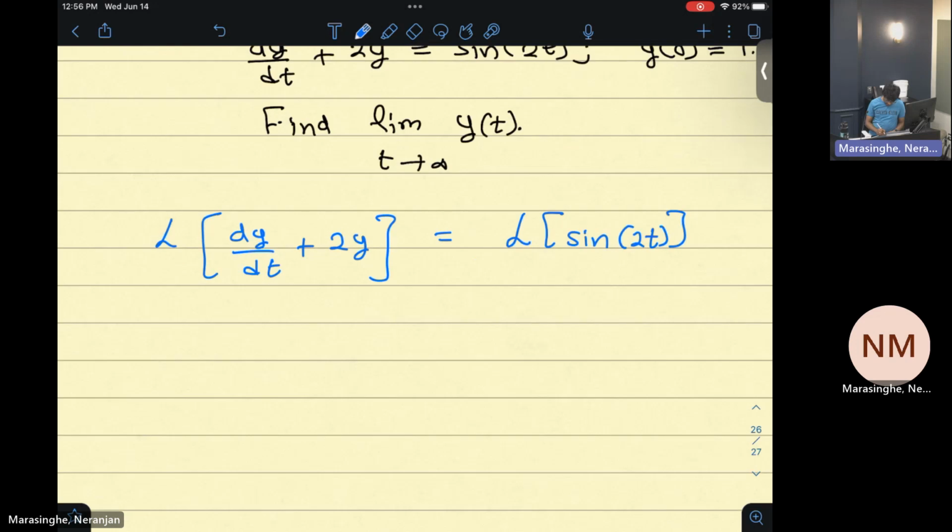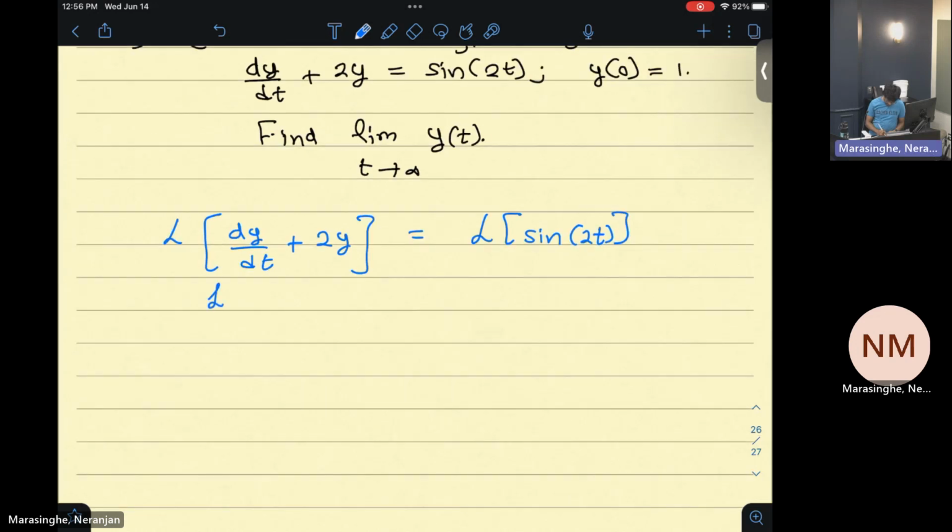This can be written as the Laplace transform of dy over dt plus 2 times the Laplace transform of y. I used the linearity. And what is the Laplace transform of sine 2t? It's 2 divided by s square plus 2 square.